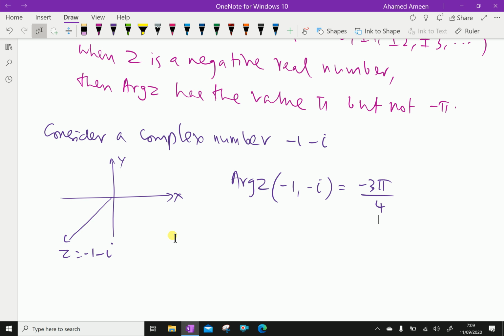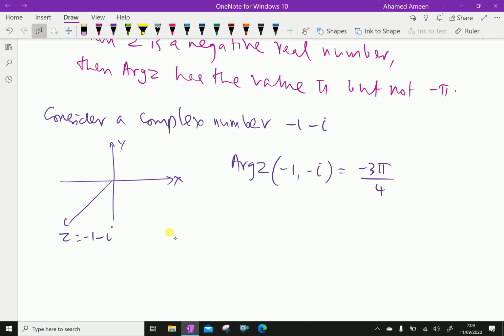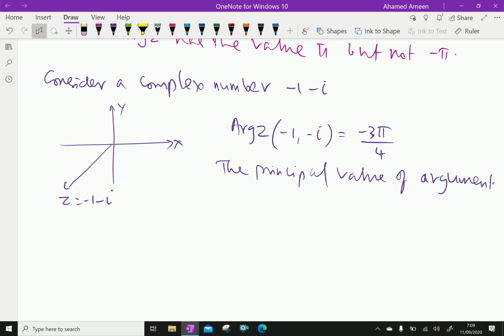It must be emphasized that the principal value of the argument must lie between minus pi and plus pi.